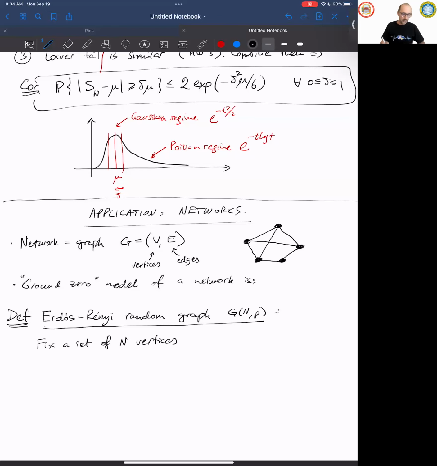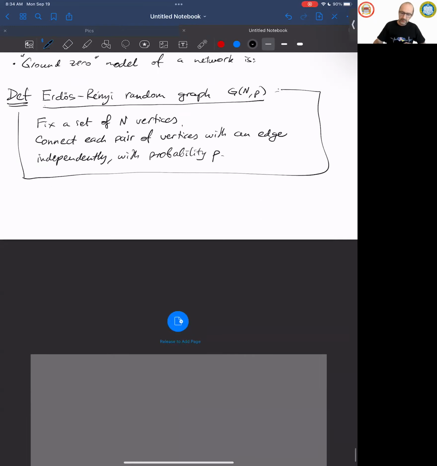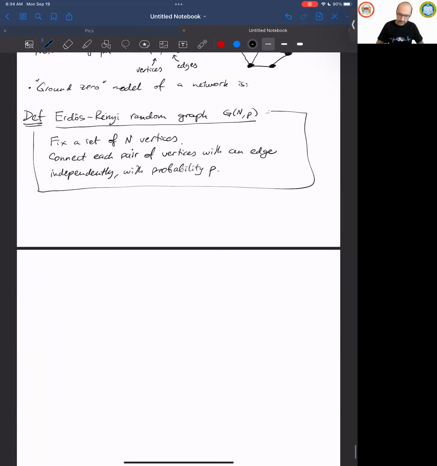Think of all the people on the Earth, and then we connect each pair of vertices with an edge independently and with fixed probability P. An oversimplified model of any network, but we have to start somewhere.